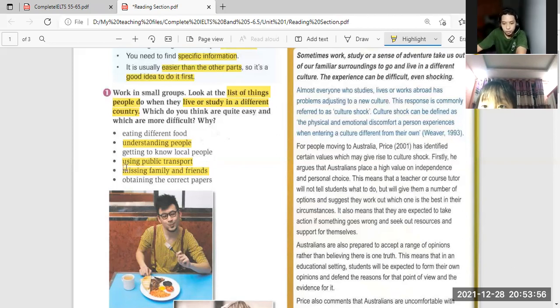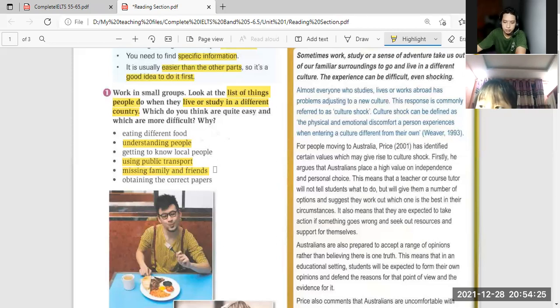Okay, what about missing family and friends? Why do you think missing family and friends is an easy thing, or quite easy, when you live or study in a different country? Because when you live in a different country, you can meet family and friends, so you can miss them easily.